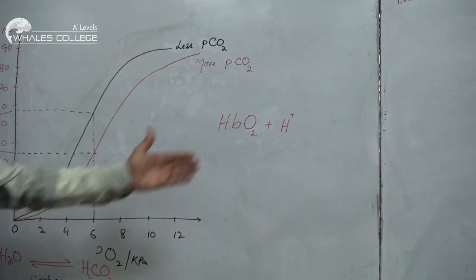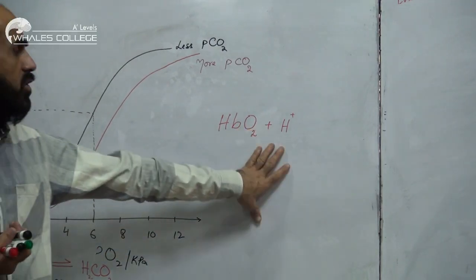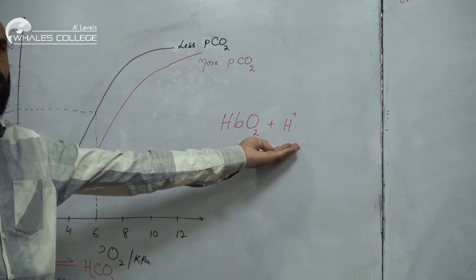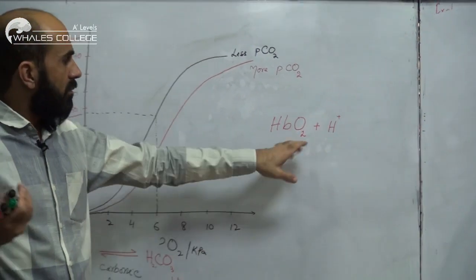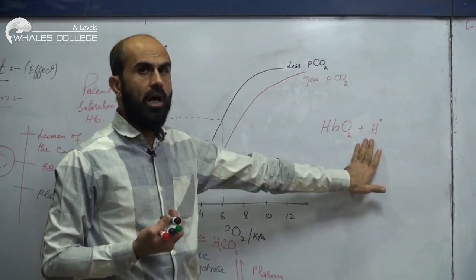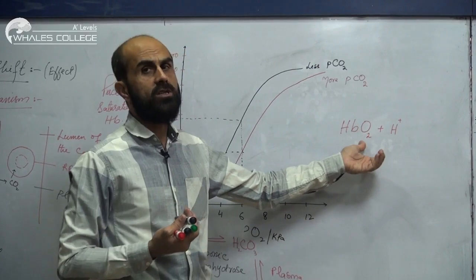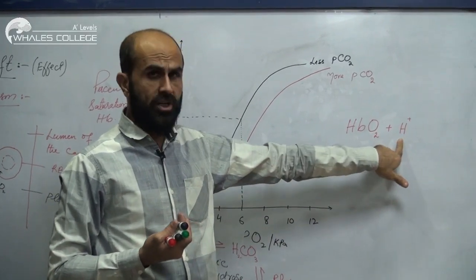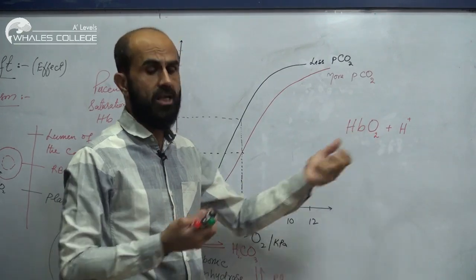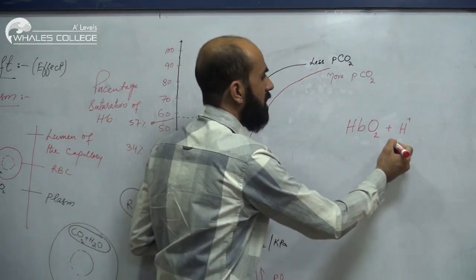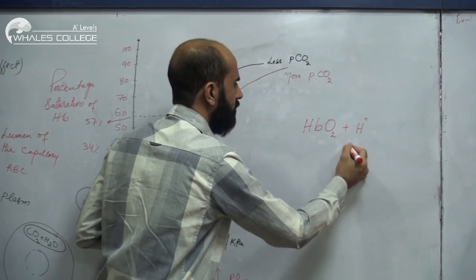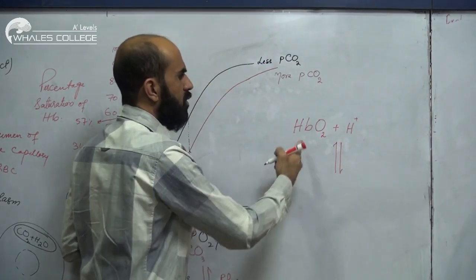Now here is a displacement reaction. I'm not talking about active in the general sense, I'm talking about the chemistry. Basically, Hb has more affinity for hydrogen ion as compared to oxygen. So if there is hydrogen ion, hemoglobin is more likely to accept hydrogen instead of oxygen. So this reaction is also reversible. And what is going to occur?